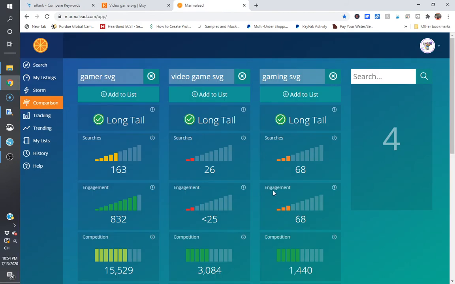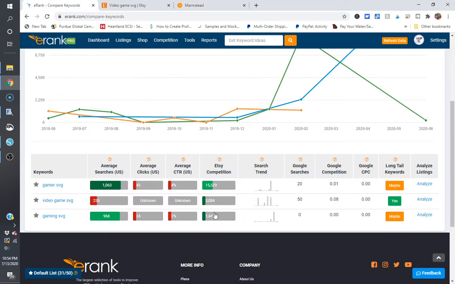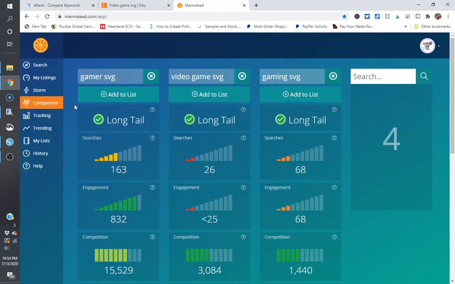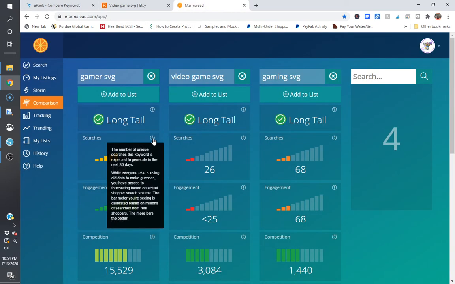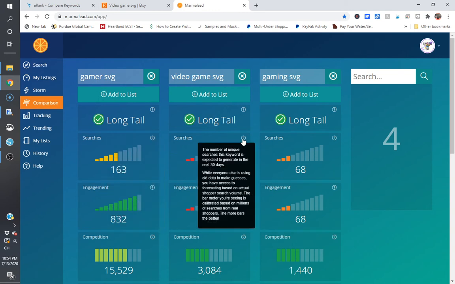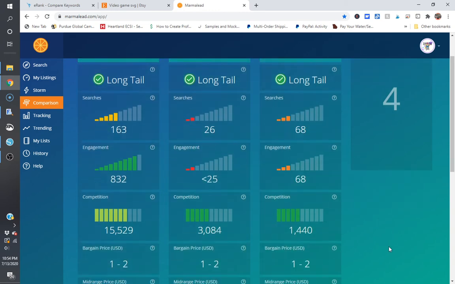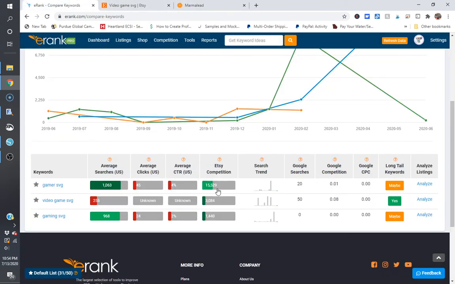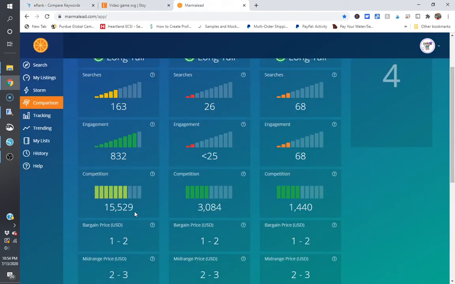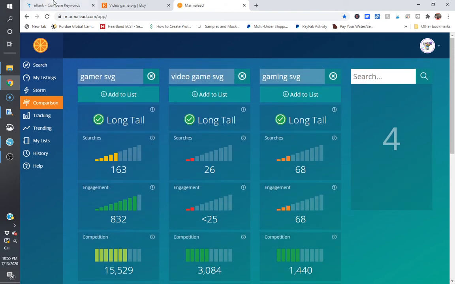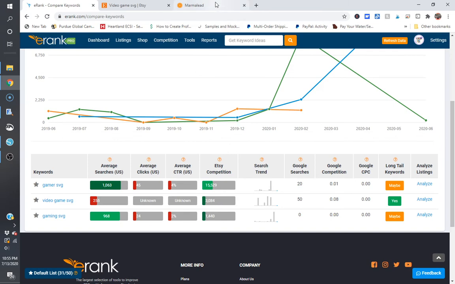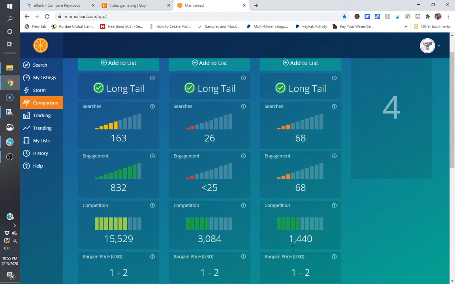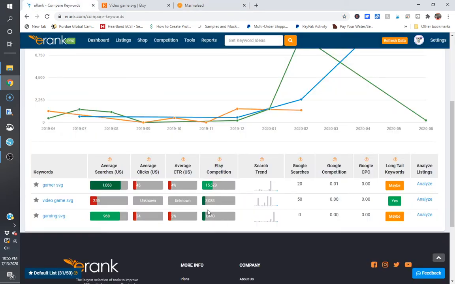Okay, so you can see here, interestingly enough, and again, remember, 12 months, 30 days, this is forecasted for the next 30 days. You can see that the competition numbers, 15,529, are the exact same. 3,084 for video game, and gaming, 1,440.